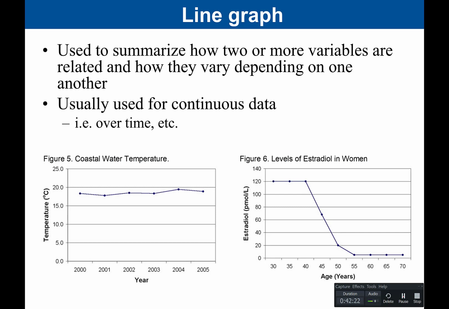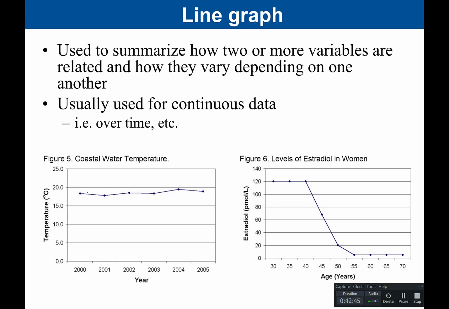So we have 2000, 2001, 2002, etc. This can be a line graph because it's continuous. You would extrapolate that somewhere between 2000 and 2001, during that year period, the temperature would fall within this range. This is continuous data. We're measuring something over time.